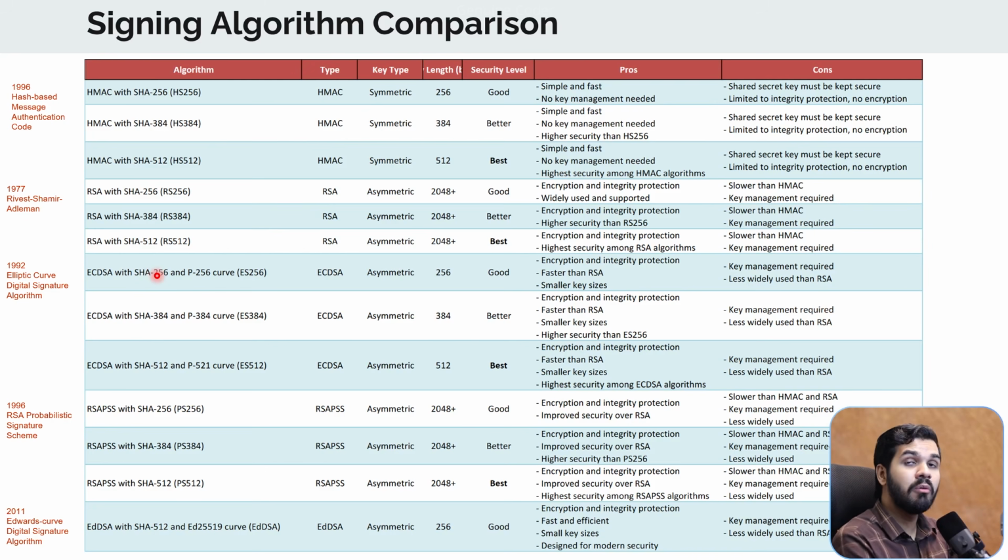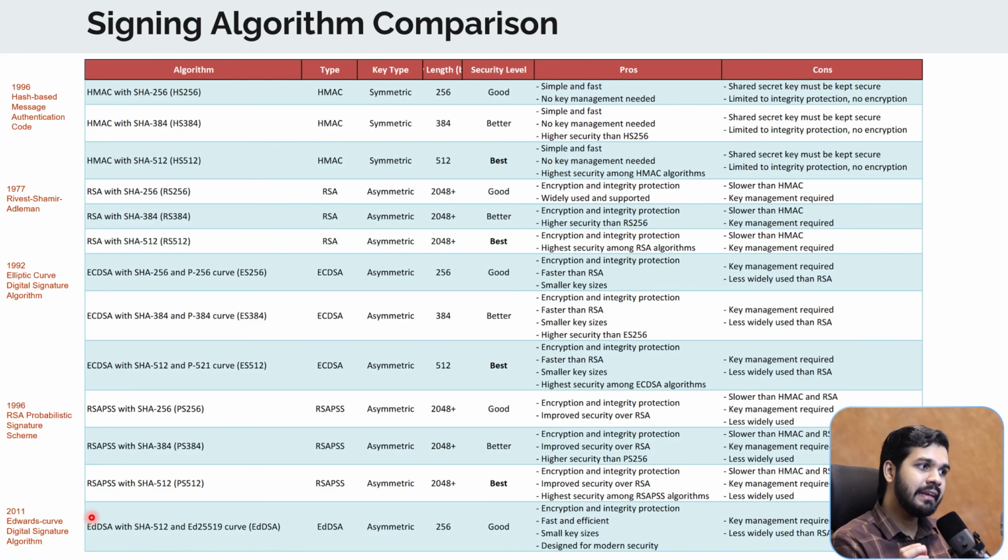Maybe if you want the most secure option, you can go with ECDSA 512, or you can go with the Edwards curve digital signature algorithm. As you can see here, it was invented in 2011, and it is a newer option, and it is very fast and efficient. So if you ask me, I want to go asymmetric, what is the best choice I have? I would say you can go with EdDSA if your system supports it.